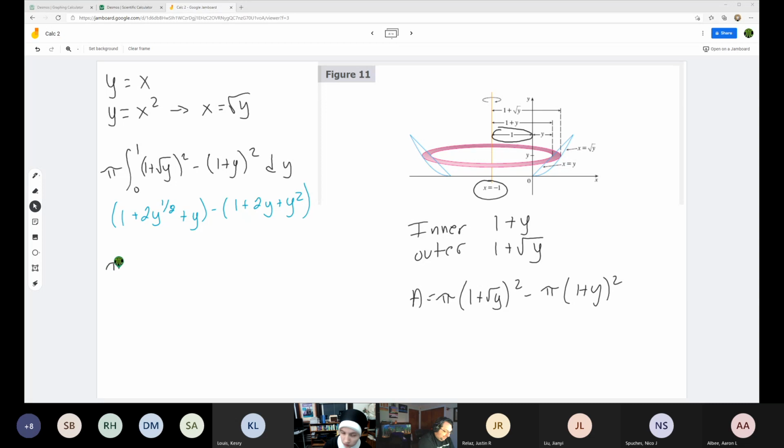So we get pi integral from 0 to 1. The ones are going to cancel out because I have 1 minus 1. I have 2y to the 1/2, then I have minus y and minus y squared.